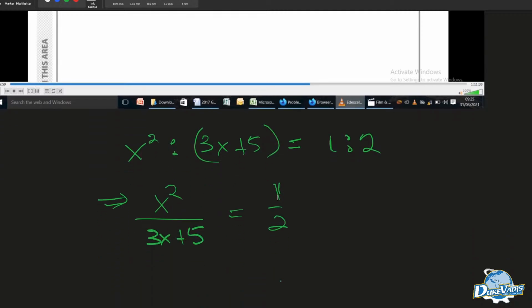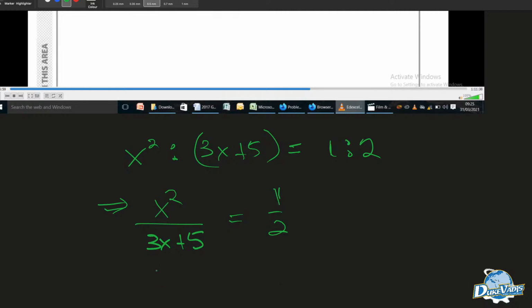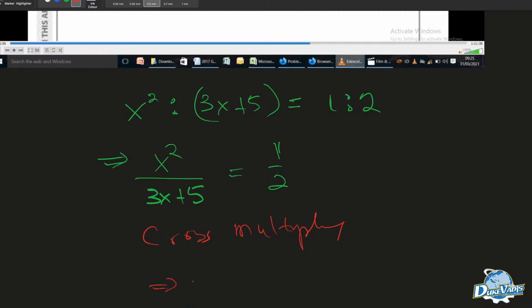Okay, so we cross multiply. This examination time is very small, so you see cross multiply, then this will be 2 out and 1 out.